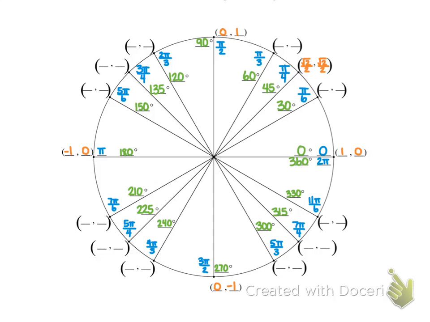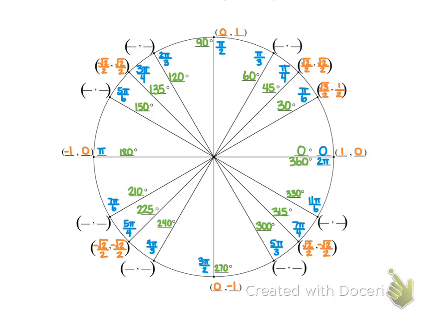And we know in quadrant 1 everything is positive. In quadrant 2, only cosine is negative. So it's the same value, just the cosine, or the first one, is negative. Quadrant 3, they're both negative. Quadrant 4, the sine is negative. Okay, so all 4 of those are the same value, just the sign, positive or negative, changes in each quadrant.